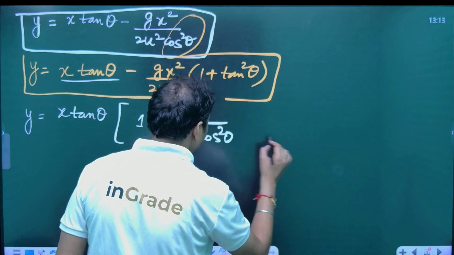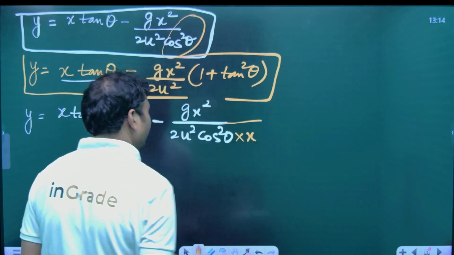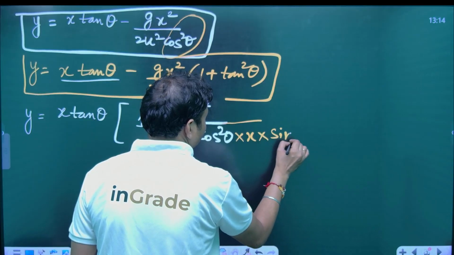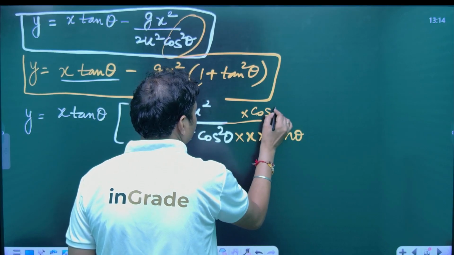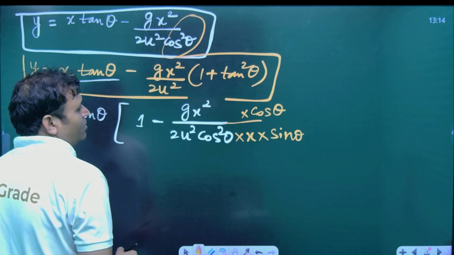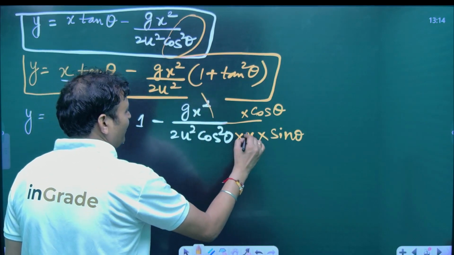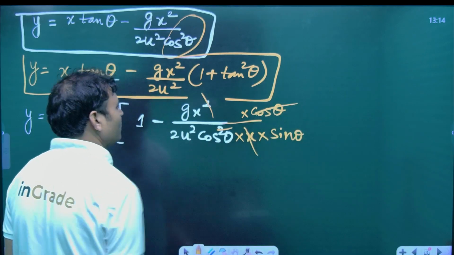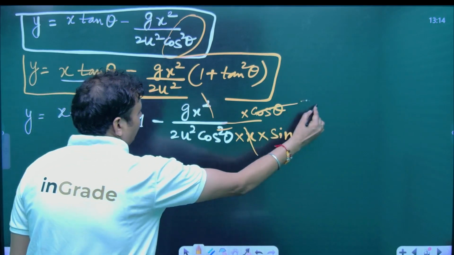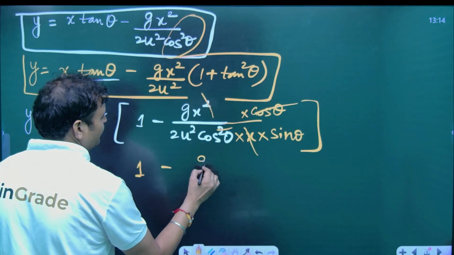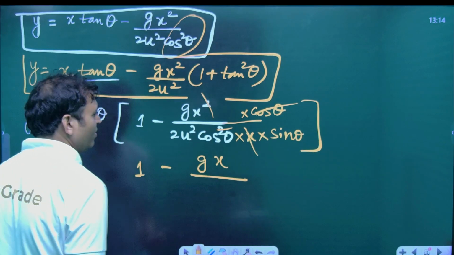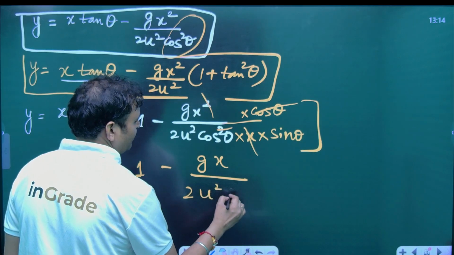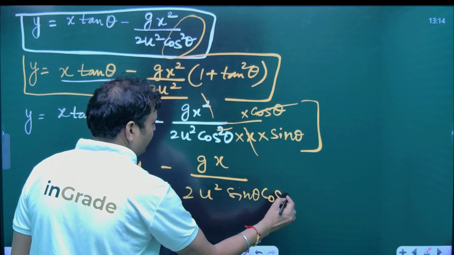Because there was no x tan theta, we write x tan theta in the denominator. Tan theta is sin theta divided by cos theta. So one x will get cancelled out with this x, and one cos will get cancelled out with this cos. In the bracket, it will be 1 minus g x upon 2u square sin theta cos theta, isn't it?